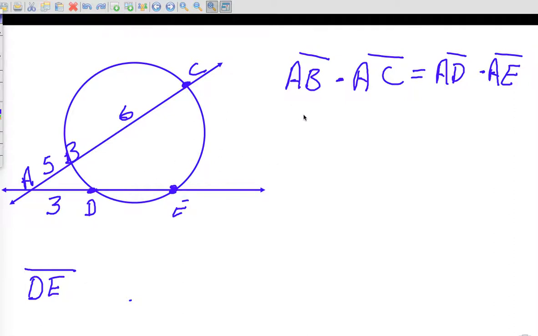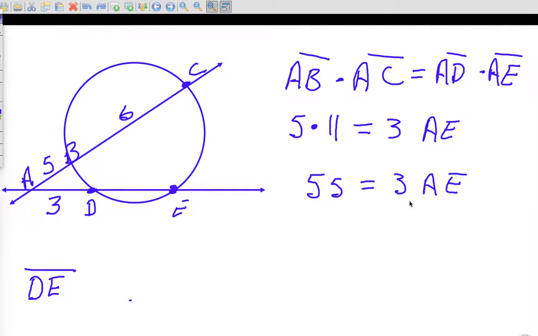So AB is 5 times AC. Again, it's so tempting to multiply by 6, but you have to multiply by AC, which is 11. And that's equal to AD, 3, times AE. So that gives us 55 is equal to 3 times AE, segment AE, sorry.